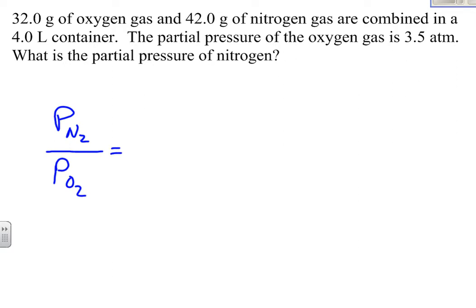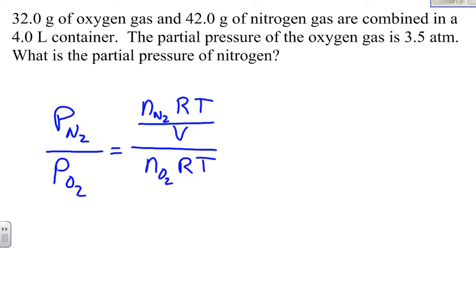If I rearrange PV equals nRT to solve for pressure, I would get the number of moles of nitrogen, RT over V. So that would be the pressure of nitrogen equals nRT over V. And same thing for the oxygen, only I would get the moles of oxygen, RT over V. And what happens here is that the RT and the V end up canceling out.